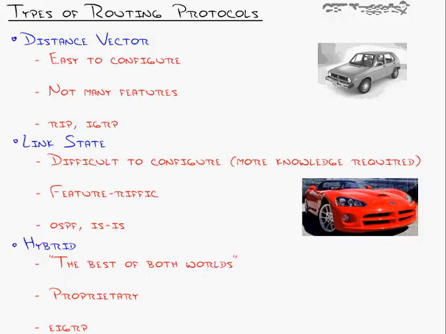Now that is the Dodge Viper, the screaming fast car that takes just a ton of cost to get running, meaning a lot more knowledge to run that car than just a Volkswagen Rabbit, and there's a lot of maintenance and tuning and tweaking that has to go into it. And in the same sense, with link state routing protocols, they're very difficult to configure.